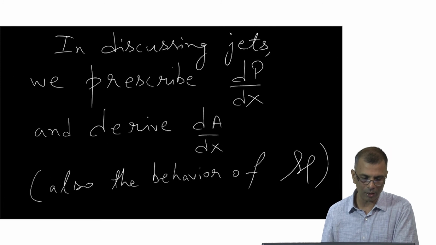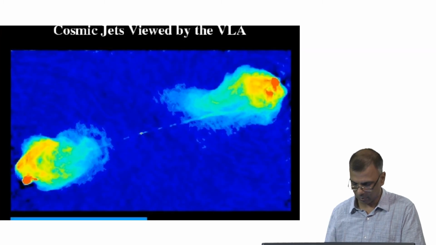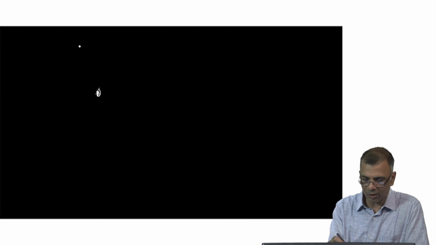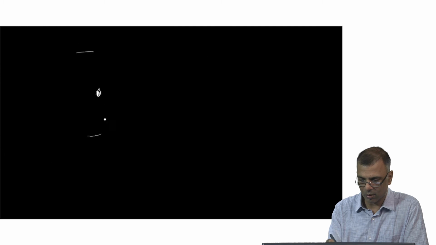So again, let's be a little more specific. I don't have a very good cartoon of this. So here is a central object. Around the central object there is a very dense medium, a very high pressure medium.